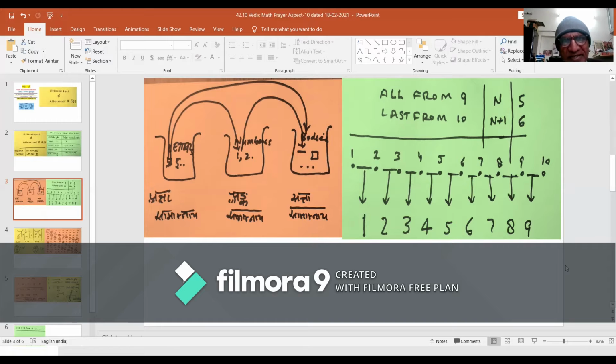Now, how does this happen? We have a rule: one more than before. So we have to define what is one. If our one is only one milestone, then naturally we will go first to the second, to the third. If our one is of two milestones, then we will go from 1 to 3, 3 to 5, 7.